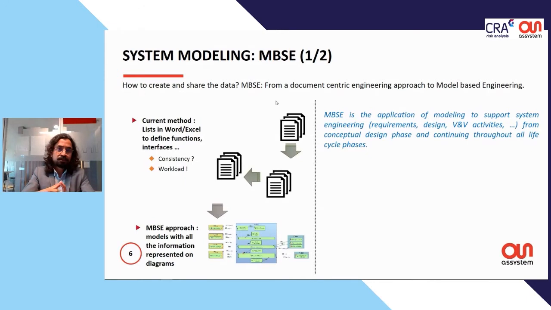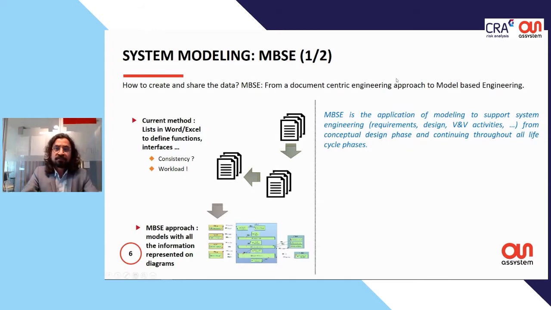Now, the MBSE approach is an encouragement of a model-based approach to aid in system engineering. This approach is not to replace the system engineering aspects, but to provide rigorous methods and tools to aid in the system engineering aspects. And the MBSE application for the modeling covers the requirements, design, and the entire V&V activities.